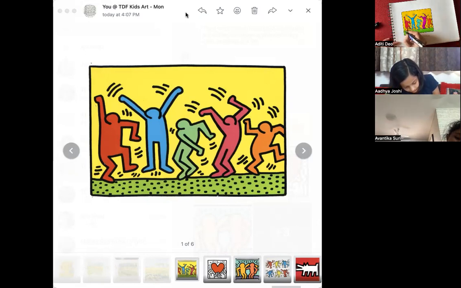The hardest thing to make, or actually most tedious, would be these lines, the dots in the grass.